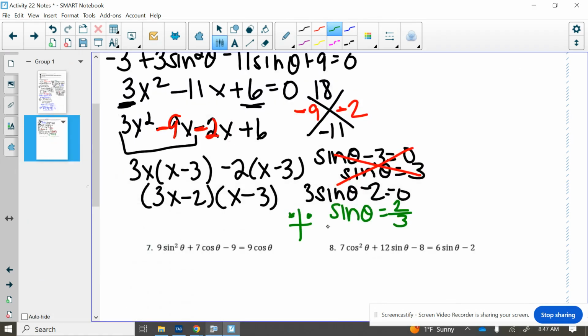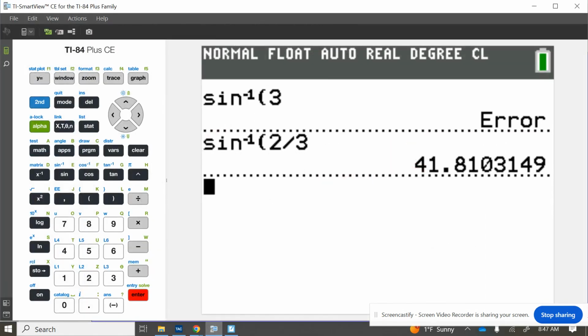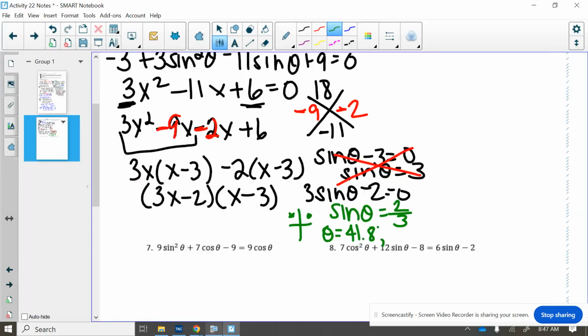Okay, that's our quadrant 1 value and actually one of our answers this time. And then to find quadrant 2, we would just take 180 minus our theta value of 41.8 and get our value here of 138.2. So those would be our two answers.